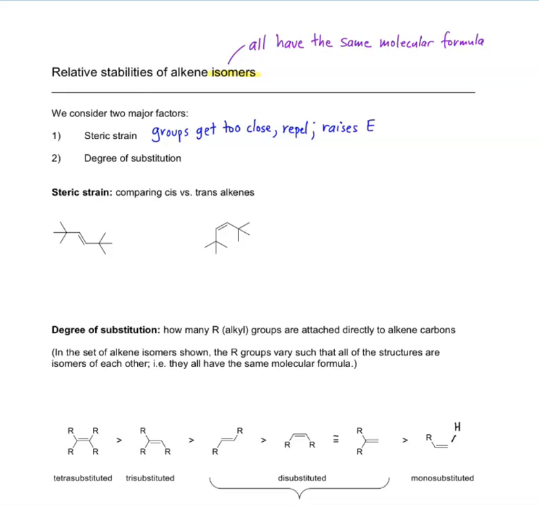The other factor that we'll consider is called the degree of substitution. The degree of substitution refers to how many alkyl groups are directly attached to the carbons in the double bond, which we'll call alkene carbons.